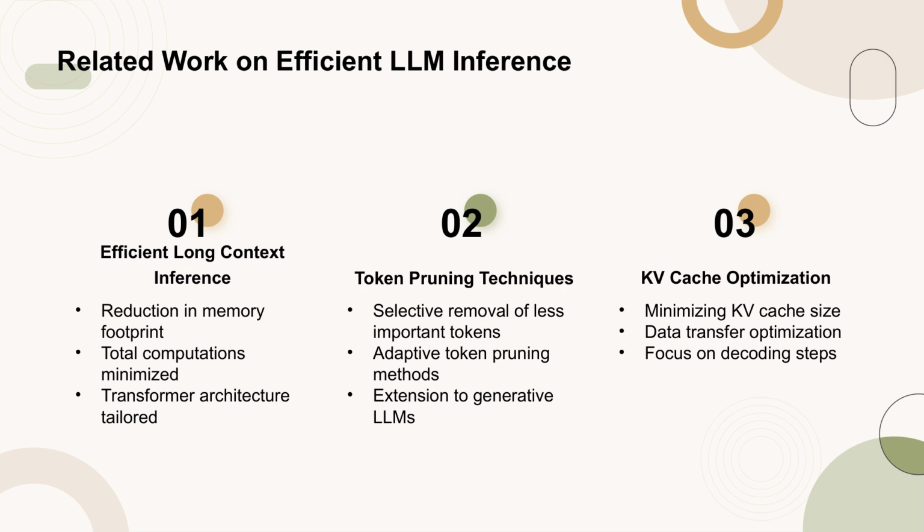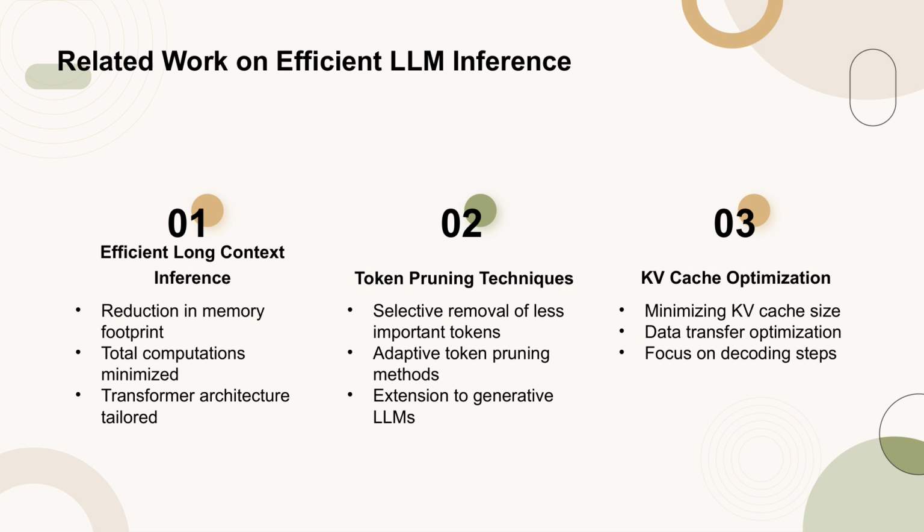Additionally, token pruning techniques have been developed to selectively remove less important tokens during inference, thereby minimizing computational demands. Closer to our work, efficient techniques have been proposed to optimize the KV cache by minimizing its size and data transfer. However, these methods primarily focus on accelerating decoding steps and are not applicable to reducing the time to first token, TTFT.